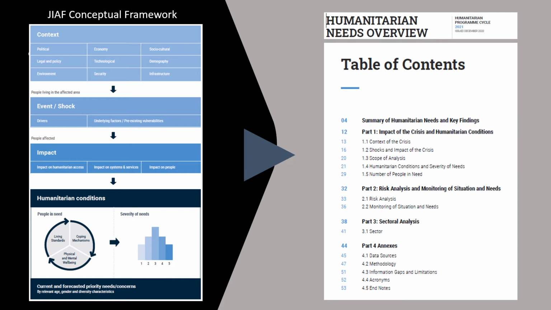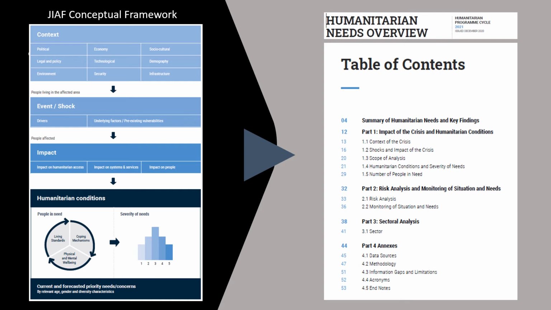The H&O structure is linear in its presentation and follows mostly the JIAF conceptual framework. The first three pillars of the JIAF, context, shock and impact, correspond to the sections 1.1, 1.2 and 1.3 in the H&O.